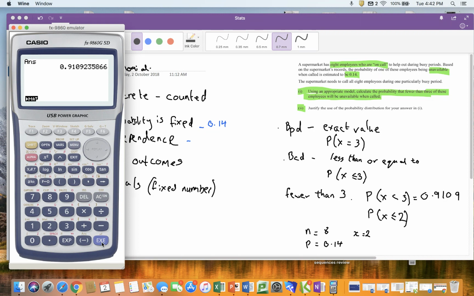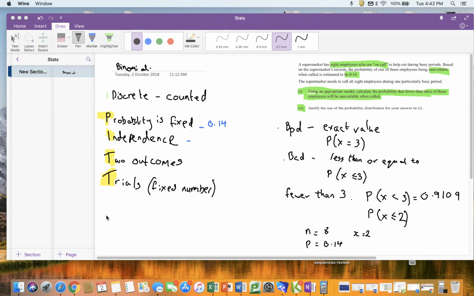Okay? One other thing about the binomial, just so that we've got it somewhere so that you can refer back to it, is 2 little things. The mean of a binomial is mu, and that is the number of trials times the probability of success.